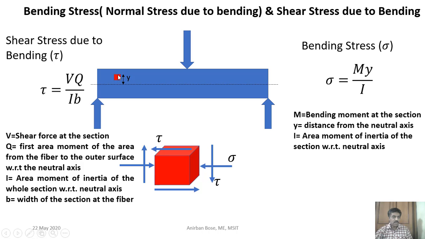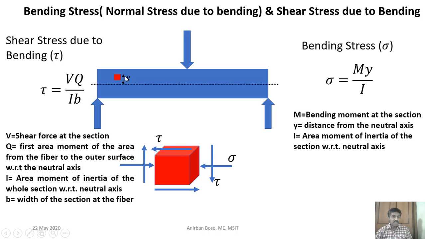Suppose you want to find Q for a particular point; then from that point you consider the top surface of that section, and the first area moment of that area is Q. I is the second area moment of the area, and b is the width of the section at that distance where you want to find the shear stress.